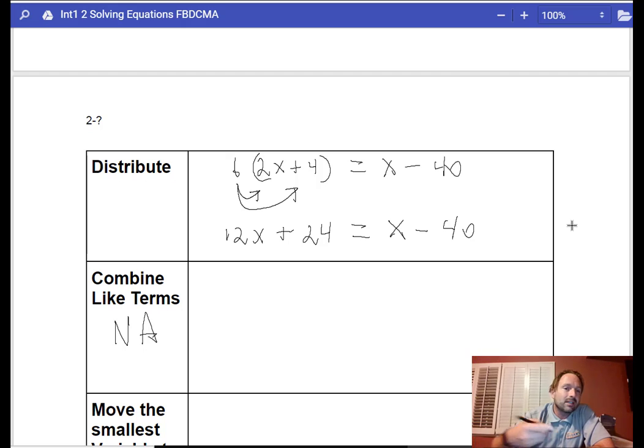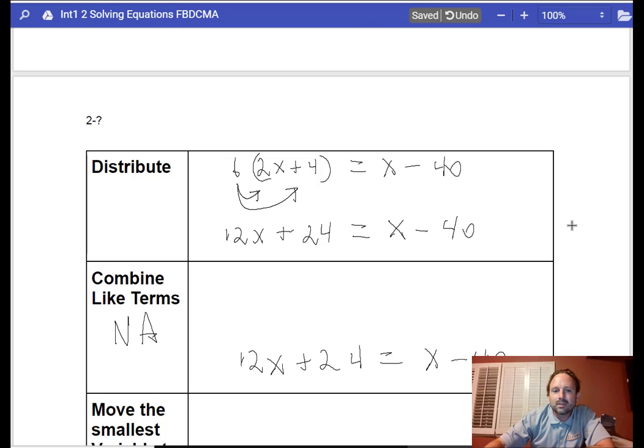If you're ever filling out a paper application and it doesn't work for you, you just put NA. Like, hey, I don't have a home phone number, I have a cell phone. So you could put NA to fill that in. So I'll put NA right here. Then I'll put 12x plus 24 is equal to x minus 40.